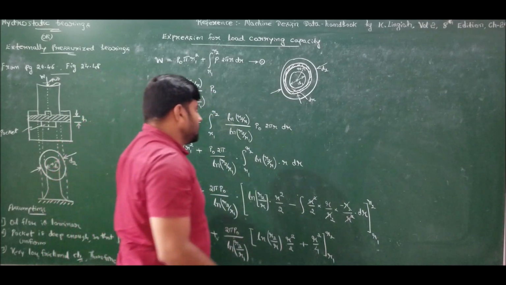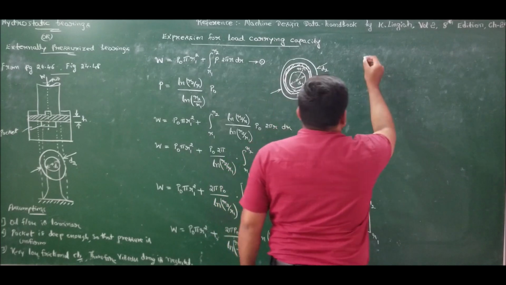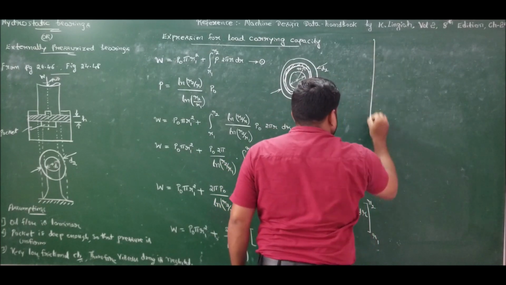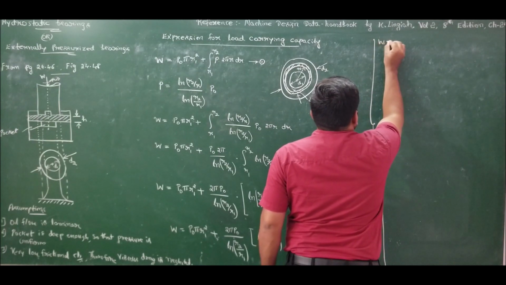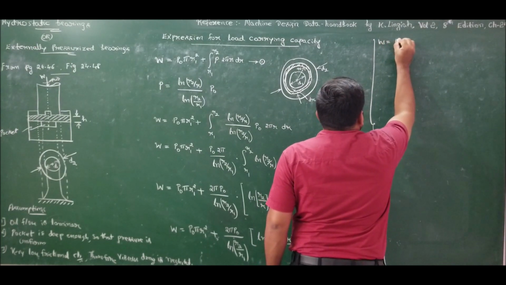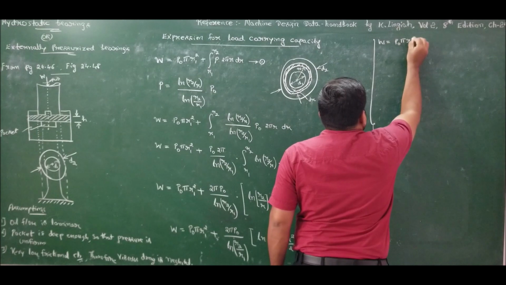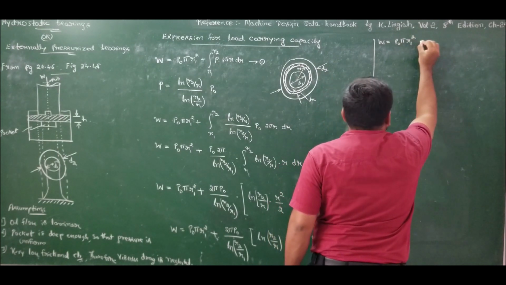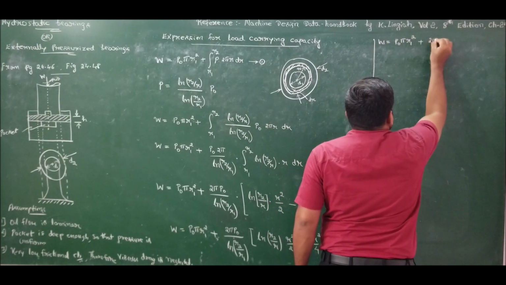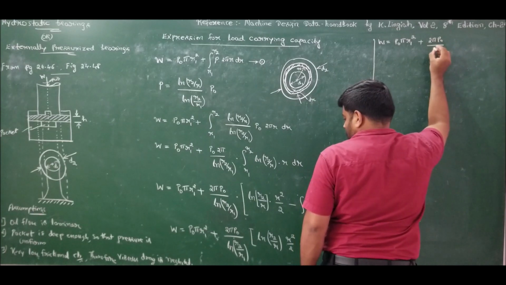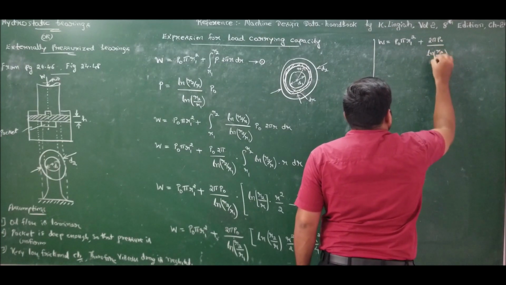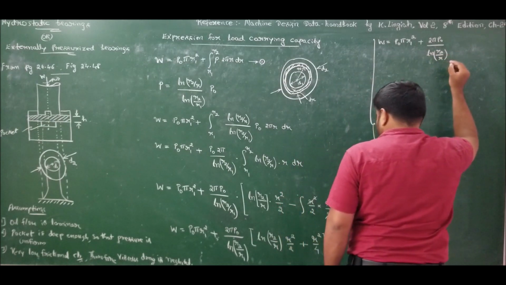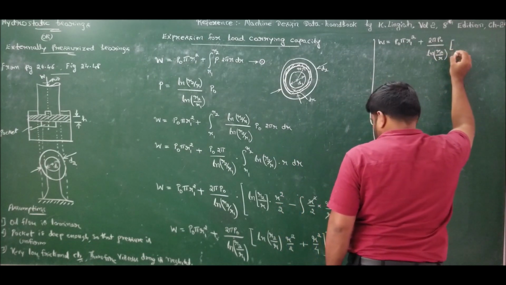Now if I substitute the limit and simplify further, I will end up with W is equal to p naught pi R1 square plus 2 pi p naught divided by ln of R2 by R1 times upper limit minus lower limit.